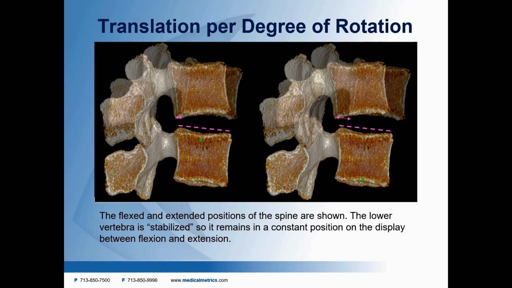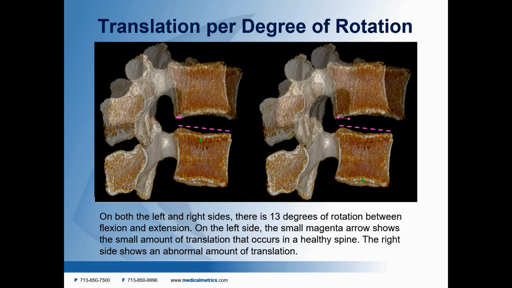The L5 vertebra is stabilized so it remains in a constant position on the display between flexion and extension. On both the left and right sides, there is 13 degrees of rotation of L4 relative to L5, between flexion and extension. On the left side, the small magenta arrow shows the small amount of translation that occurs in a healthy spine. The right side shows an abnormal amount of translation.